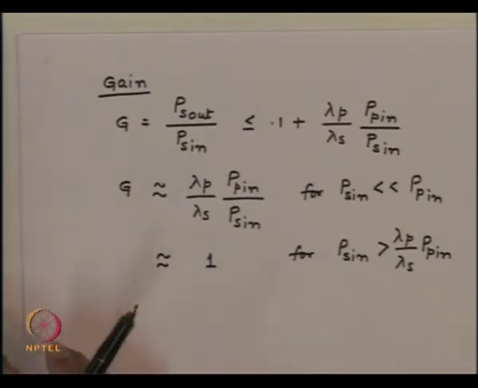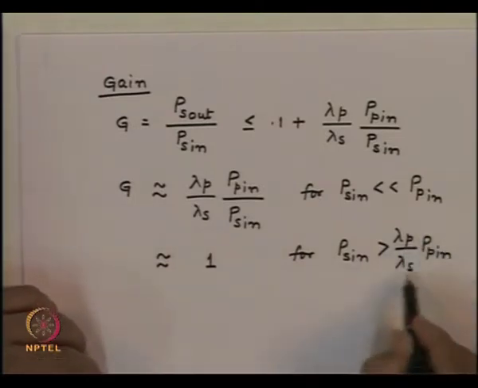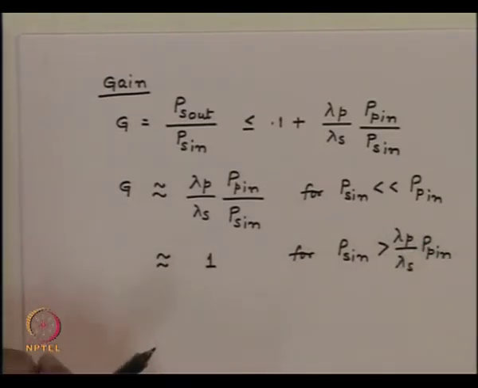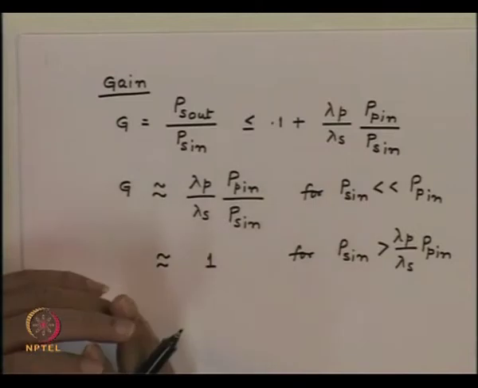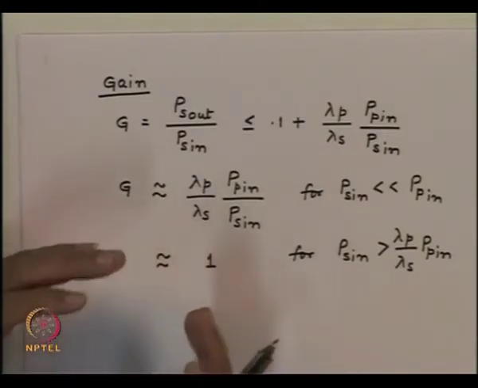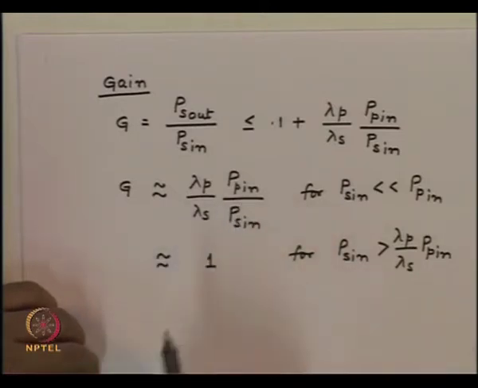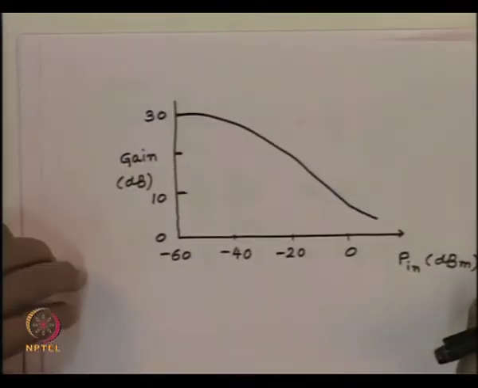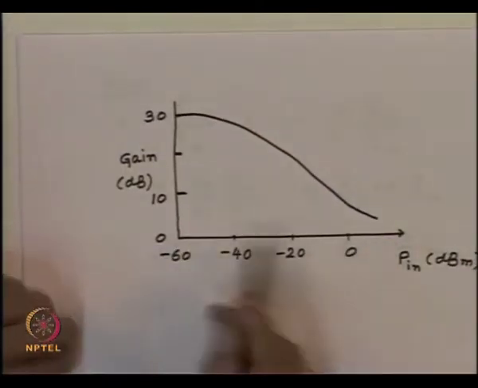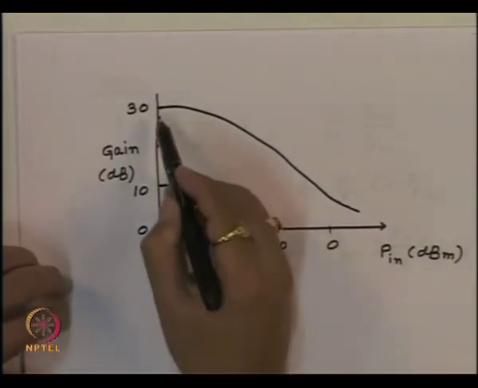So essentially what we are saying is that for a specific gain of the amplifier and the pump input power, the signal input power should not exceed beyond a certain limit. In fact, if you look at these two quantities here, that's the characteristic which we drew here, which is saying that when you have a very, very small signal power, we have a large gain.